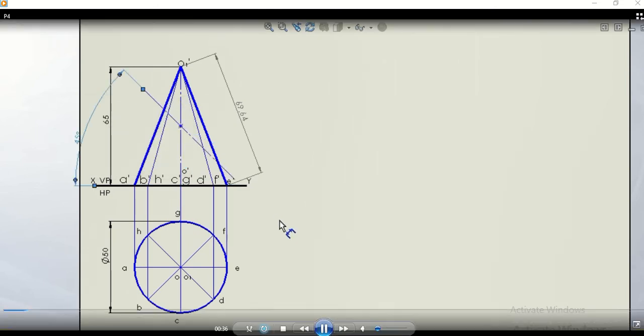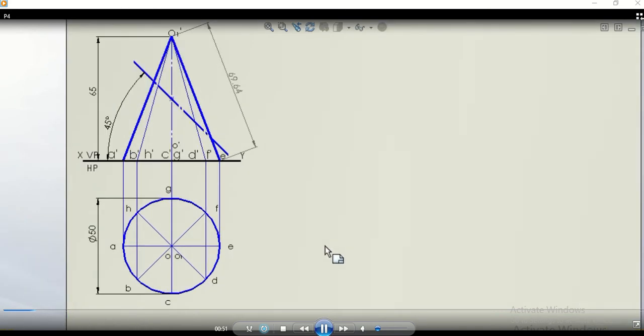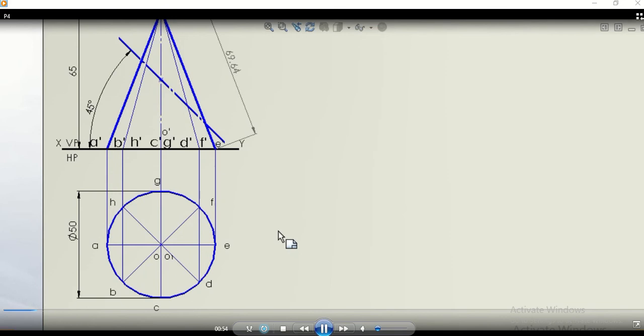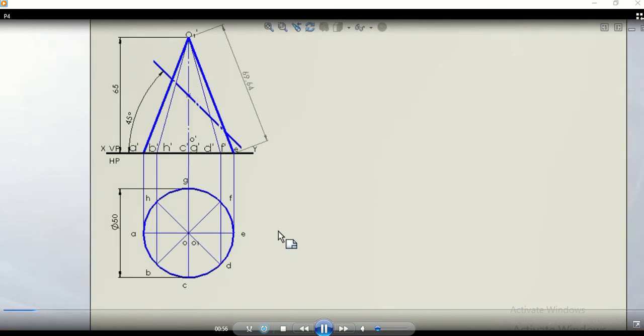You can measure either with respect to HP or with respect to the axis. Since it is 45 degrees, if it is making an angle of 45 with the base, it will be making an angle of 45 with the axis also. So no need to get confused when it is 45 degrees. You can take either dimension. So now we have drawn the cutting plane.